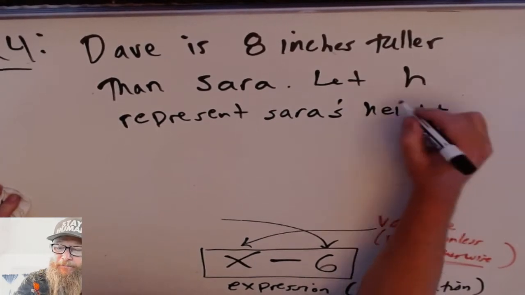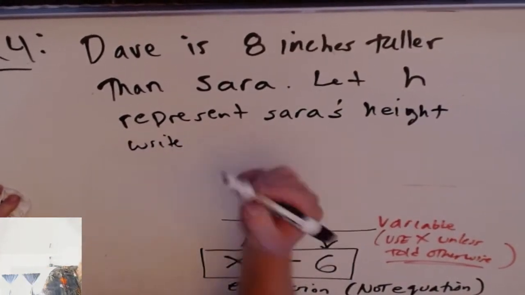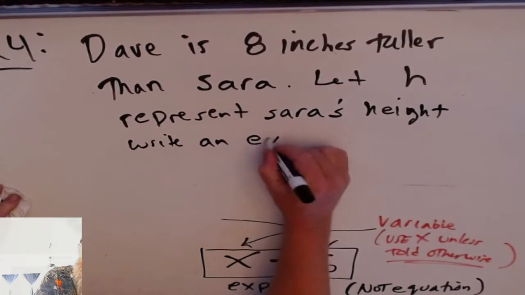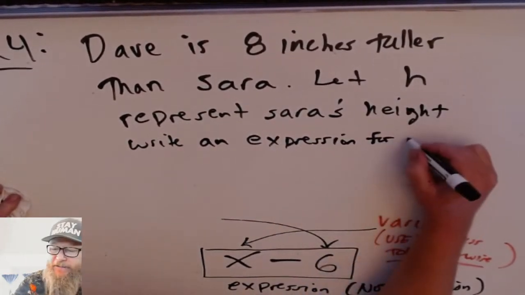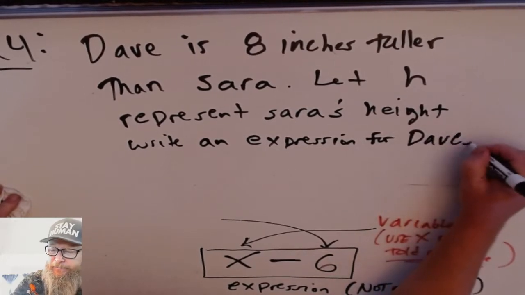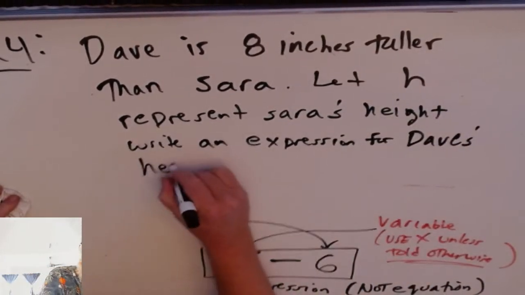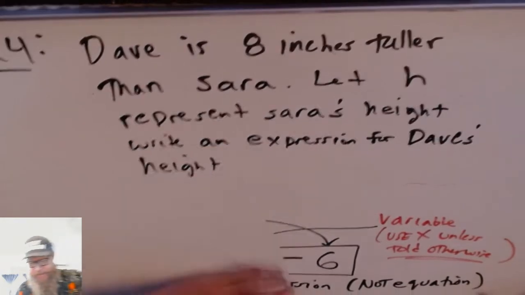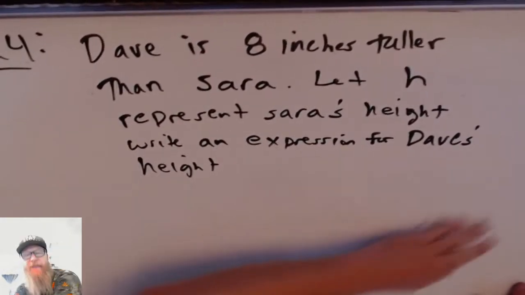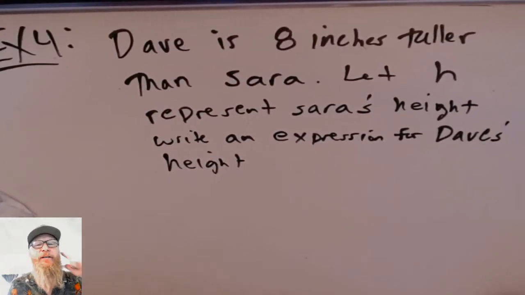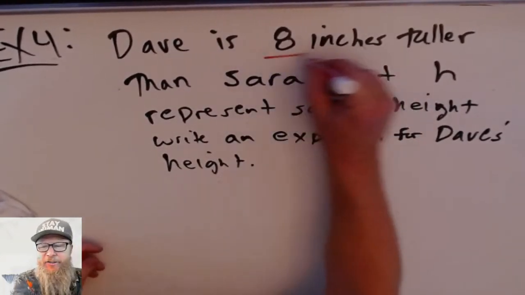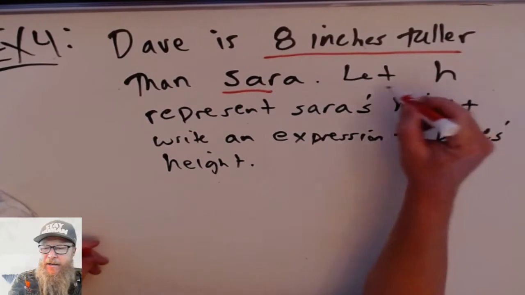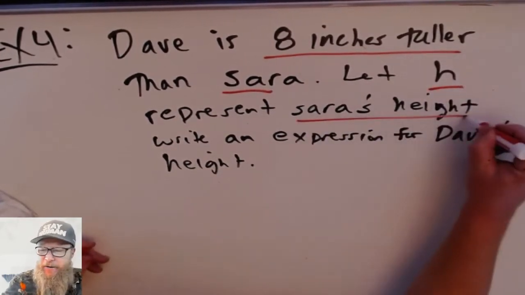So here we go. I know it's a lot of words. Write an expression for Dave's height. Probably take me longer to write the questions today than it will to actually complete them. So we got Dave is 8 inches taller than Sarah. Let H represent Sarah's height.